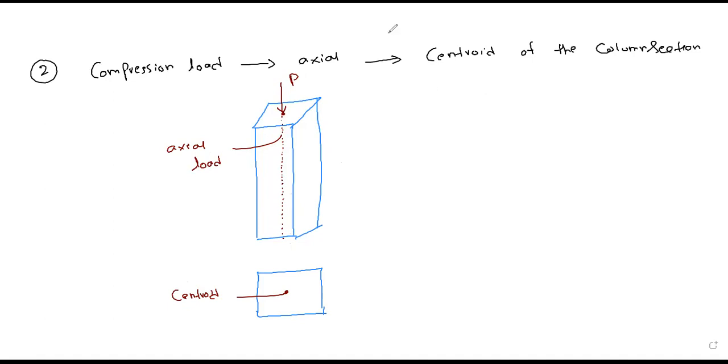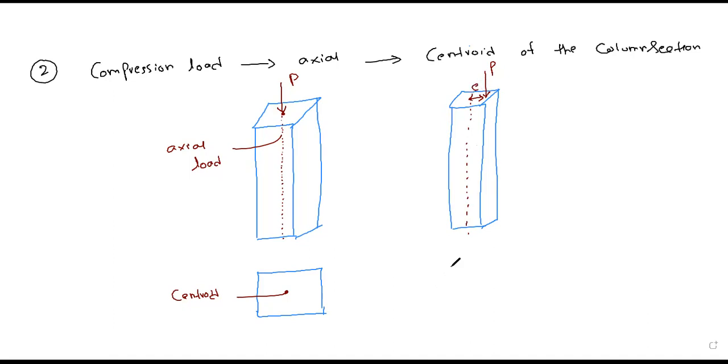Sometimes you may not expect it, so the column may be subjected to a load like this. This is your centroidal axis, but the load acts with some eccentricity, an eccentrical distance.